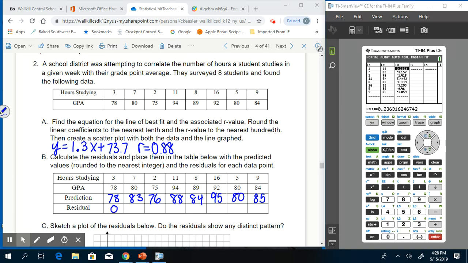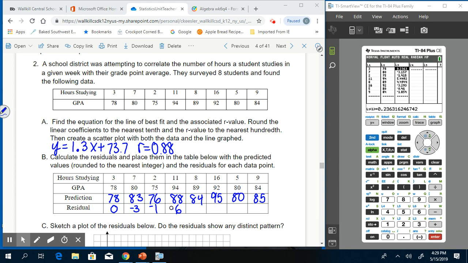Then 80 minus 83 is going to be negative 3, which is verified in the table. 75 minus 76 is going to be negative 1. 94 minus 88, I would have said 6. So let's make that positive 6, though because of our rounding it is a little bit different.